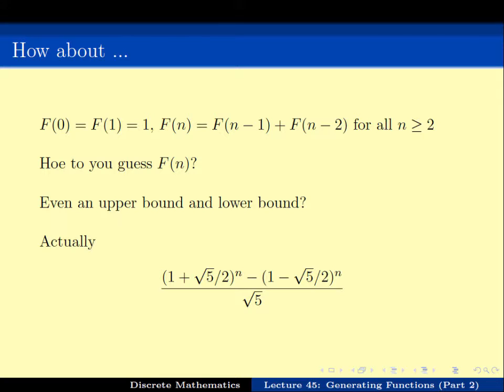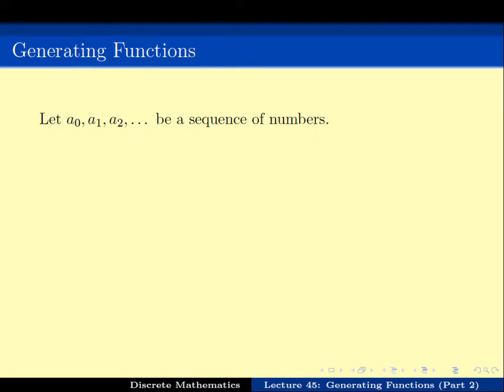Instead, what we can do is use a new technique which is called generating functions. The main idea is to consider a sequence. In this case, you can think of f0, f1, f2 till f infinity. Once you have been given the sequence of numbers, you can consider the polynomial P of x equals a0 plus a1x plus a2x square and so on.